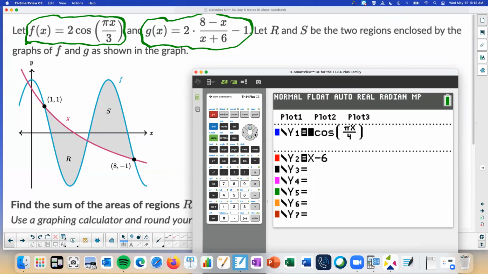Oh, that's pretty much identical. I didn't even notice that. I was about to hit clear.